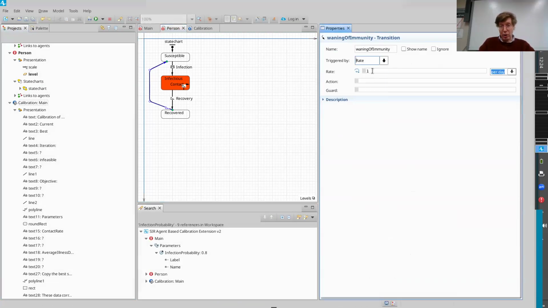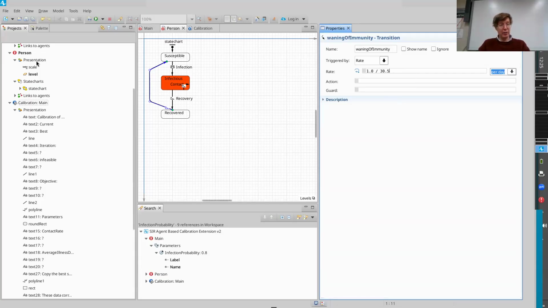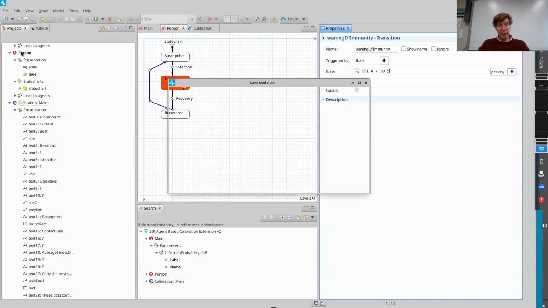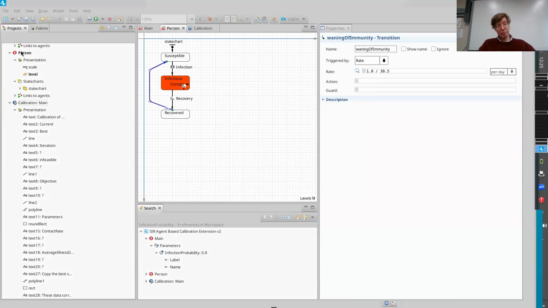So I'm going to make it occur at a rate of 1.0 divided by 30.5. So it'll be about 1 month on average, as you might expect for certain bacterial infections that have very short-lived immunity. So waning of immunity, rate of 1 divided by 30.5. So now people who are recovered will move back to susceptible. Now I'm going to save this as V3 here.